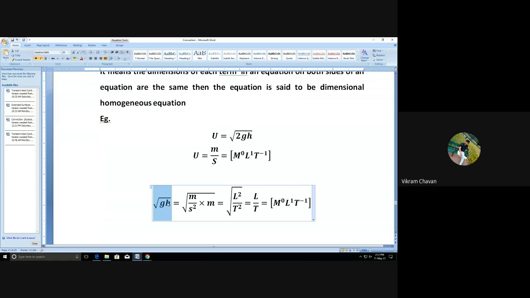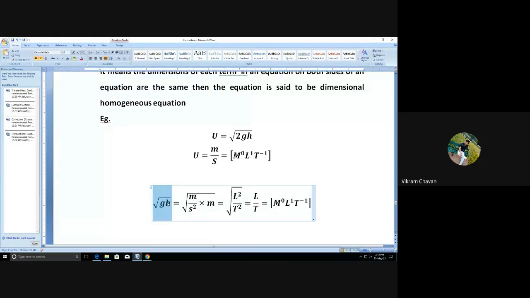dimension. So we will consider only under root of gh. If you consider the units of g and h, unit of g is meter per second square and unit of h is meter, and their dimensions are, meter dimension will be L and the second dimension is t.